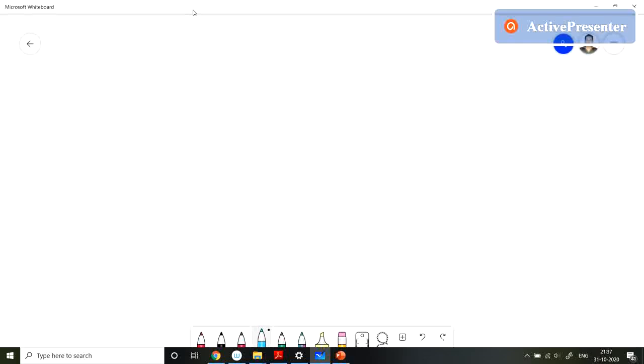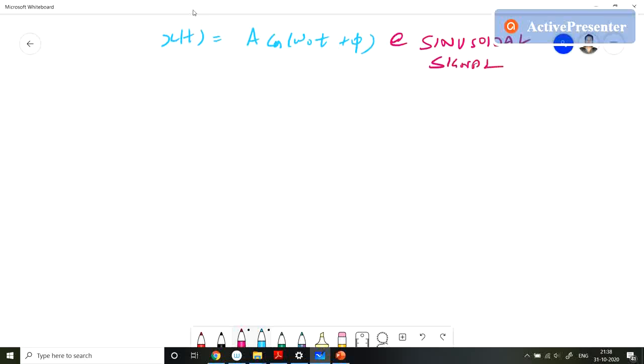So two basic examples of periodic signals are the real sinusoidal signal, that is, x(t) = A cos(omega naught t + phi). This type of signal is called the sinusoidal signal. Another representation is the complex representation.